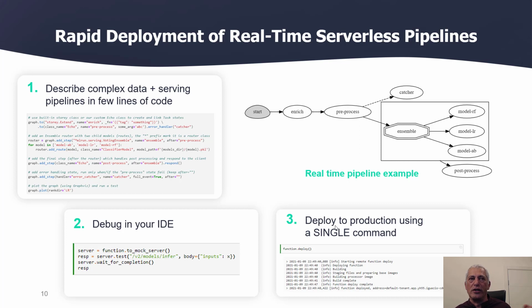The full notebook is part of the MLRun documentation. You can go and see that. And here, in a dozen lines of code, I described the full real-time pipeline. In order to test that pipeline, I have a few lines of code creating a simulator in my notebook or my IDE, running some test data against it, and seeing that my real-time pipeline behaves as it should.